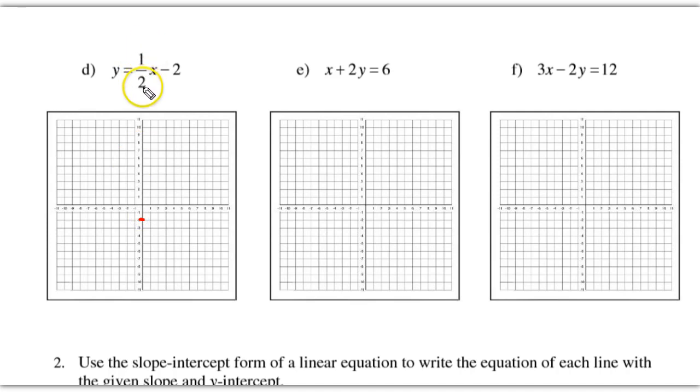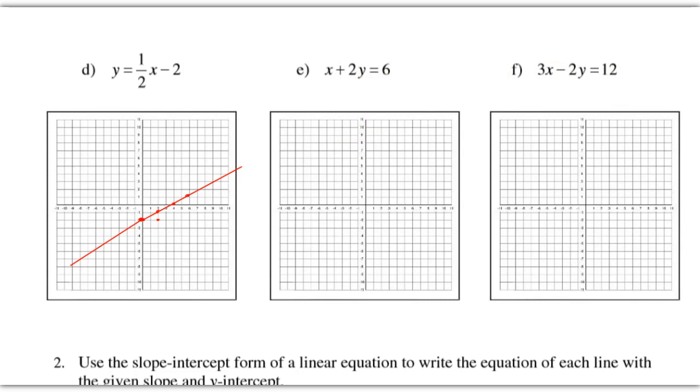I'm going to do the run first. So I go over 2 mentally, and then I go up 1. Over 2 mentally, up 1. Over 2, up 1. So I get a number of points, and I'll be more careful this time. There you go. And there's your graph.